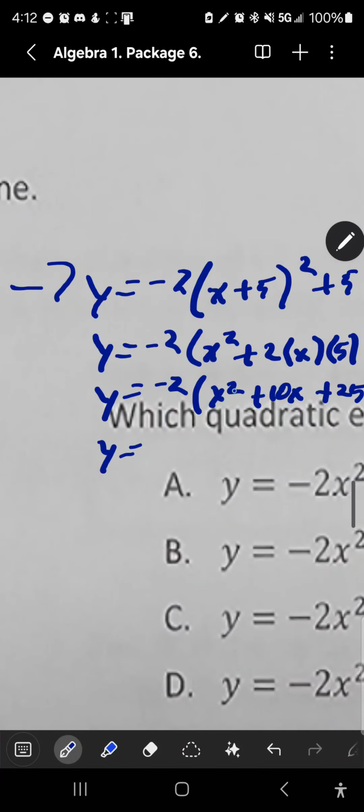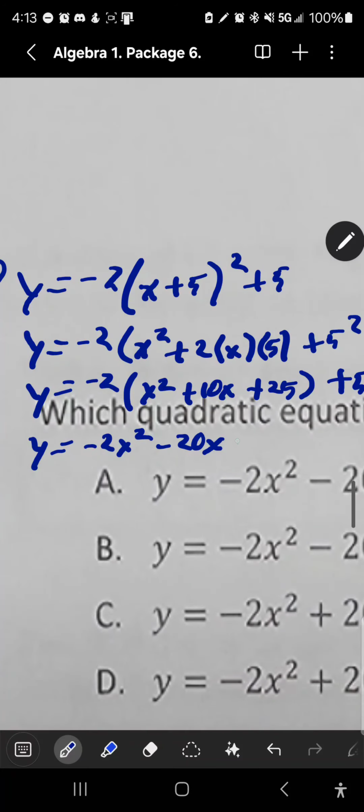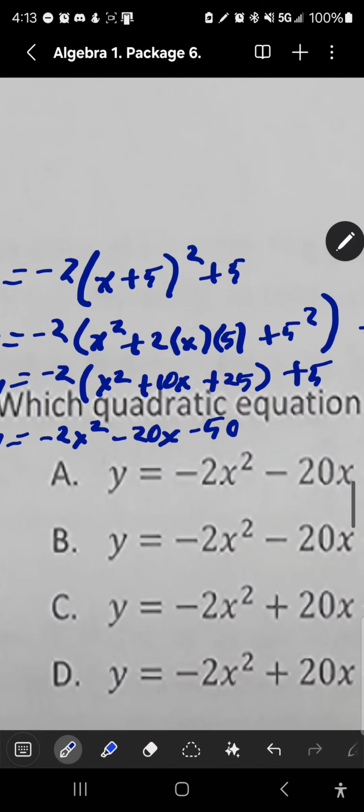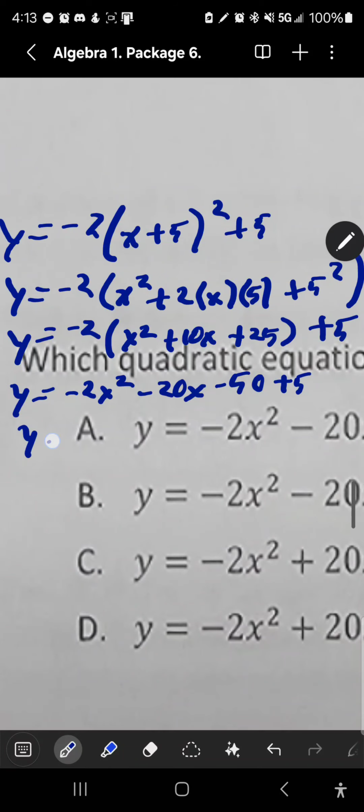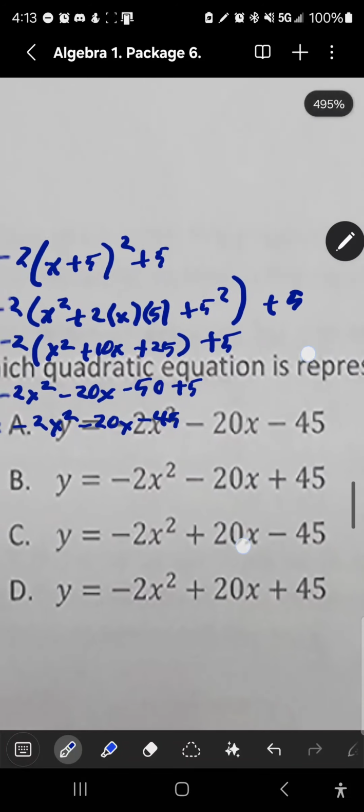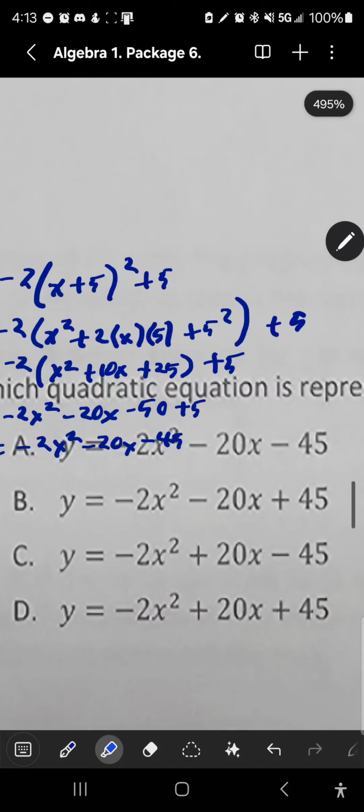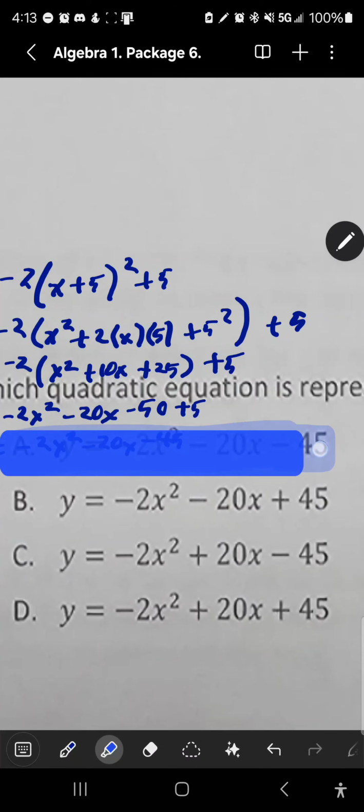And then y equal negative 2 times x squared is negative 2x squared. Negative 2 times 10 is negative 20x. Negative 2 times 25 is negative 50. And then I add my 5. And this will be, my equation will be y equal negative 2x squared minus 20x minus 45. Which is basically the option I was covering.